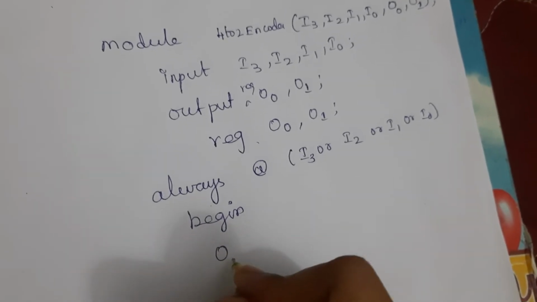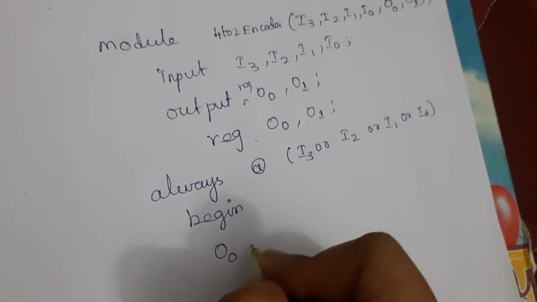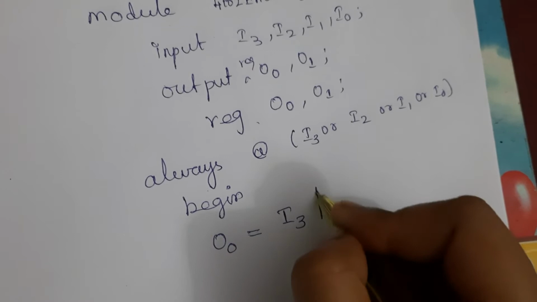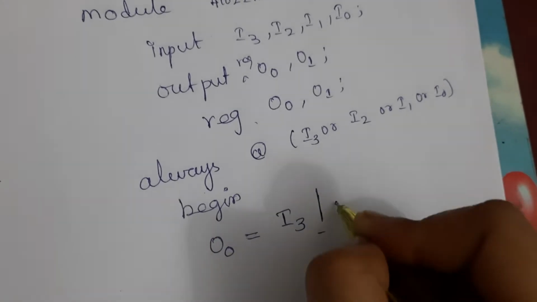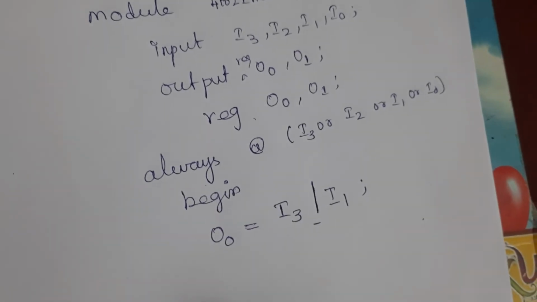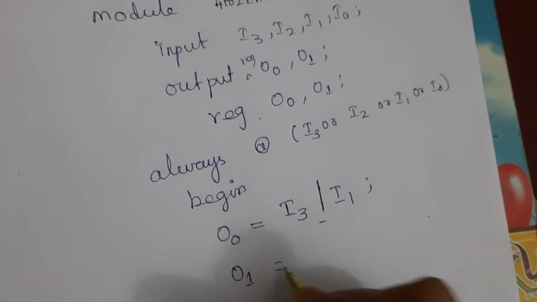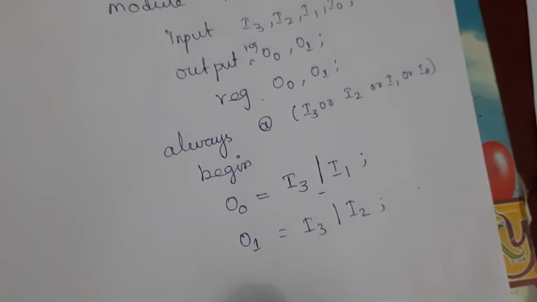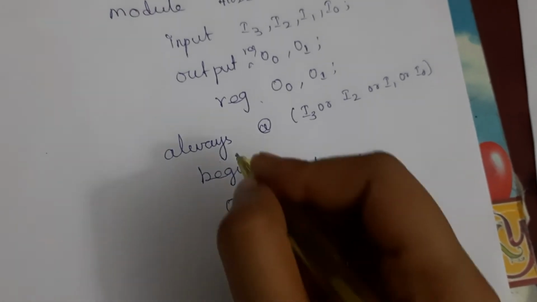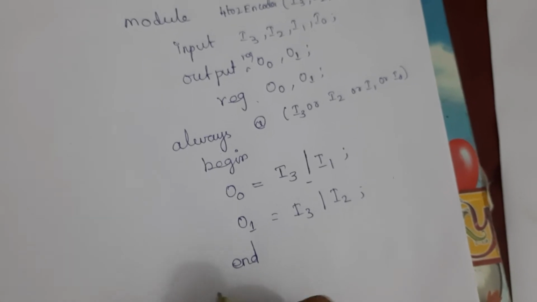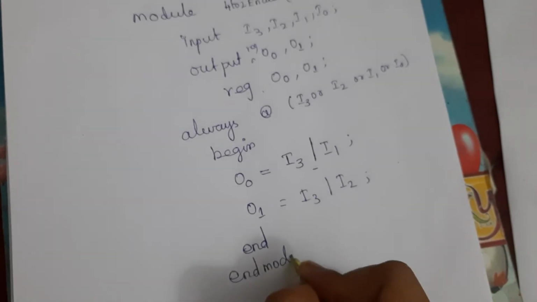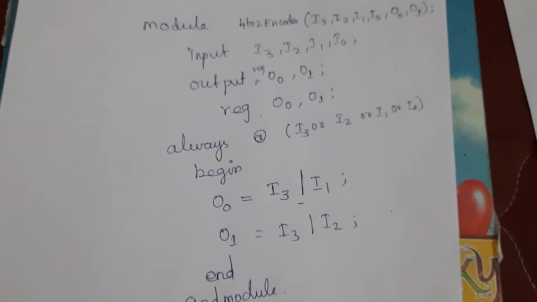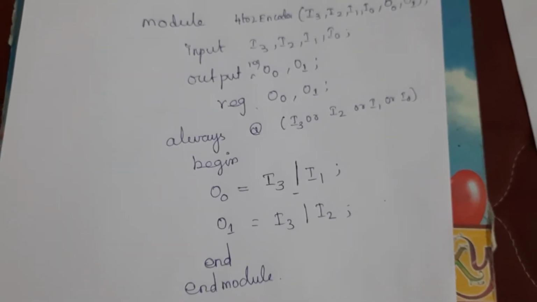So O0 is equal to I3 or I1, and this is the symbol of the OR function. And next O1 is I3 or I2. So we end this begin, and another end for end module. So this is the code for the 4 to 2 encoder using behavioral modeling.